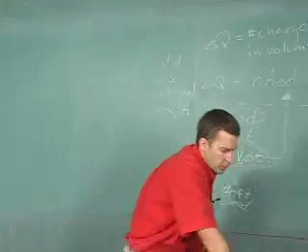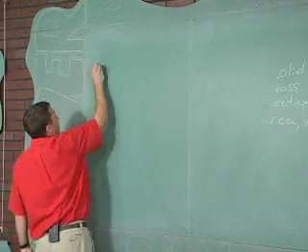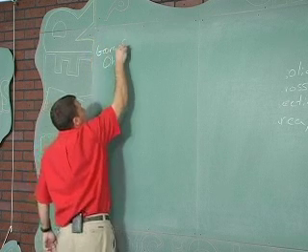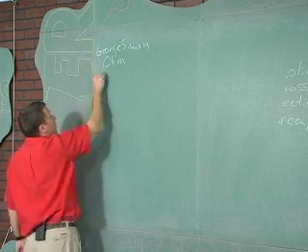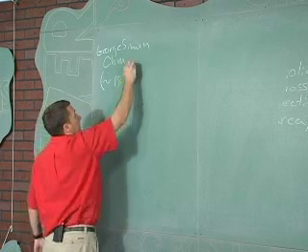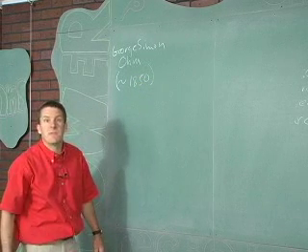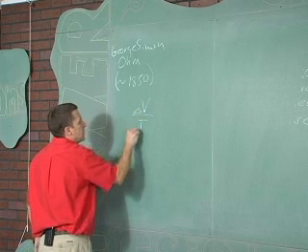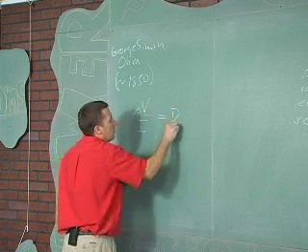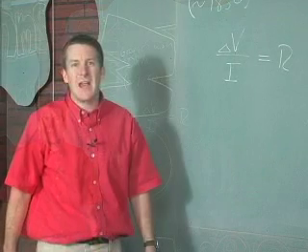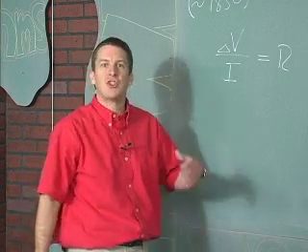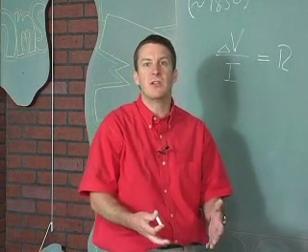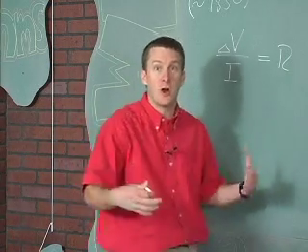George Simon Ohm, right around 1850, recognized that the ratio of the potential difference to the current was defined as resistance. As charge passes through a conductor, the properties of the conductor affect the flow of charge.